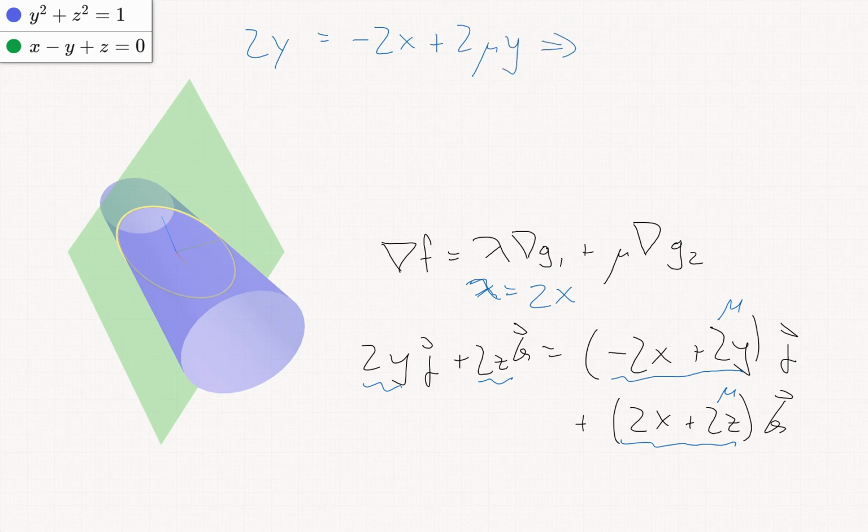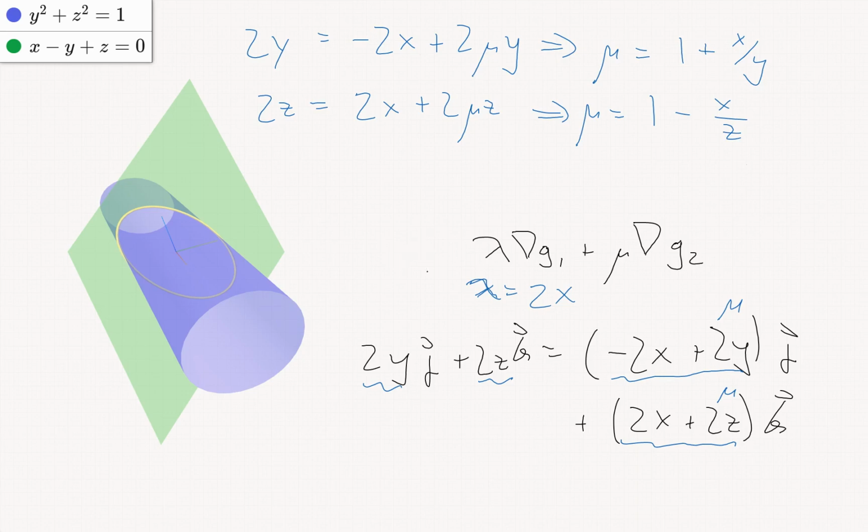If we rearrange that, we'll get mu is 1 plus x over y, and 2z equals 2x plus 2 mu z implies mu is equal to 1 minus x over z.